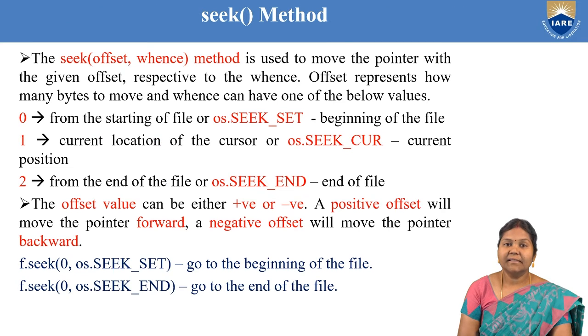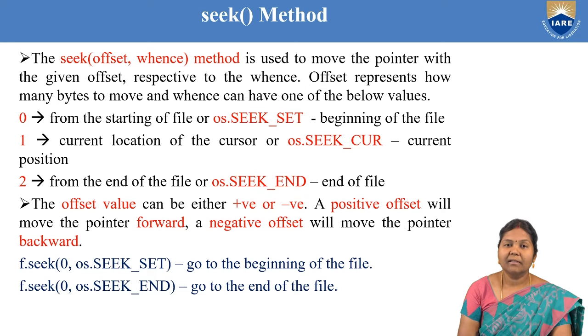Now, let us see first what the seek method is and how it works. The seek method takes two arguments. One is called the offset, the second one is called whence. Whence is nothing but from where you want to move your file pointer. This will move the file pointer with the given offset value in both directions, forward and also backward.